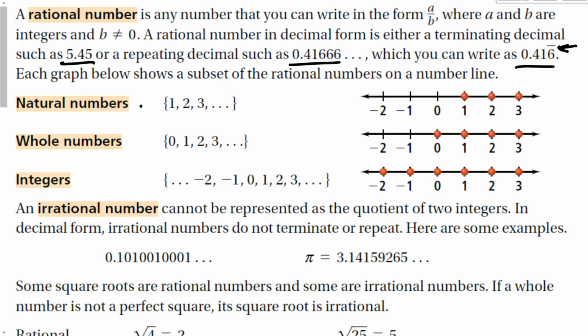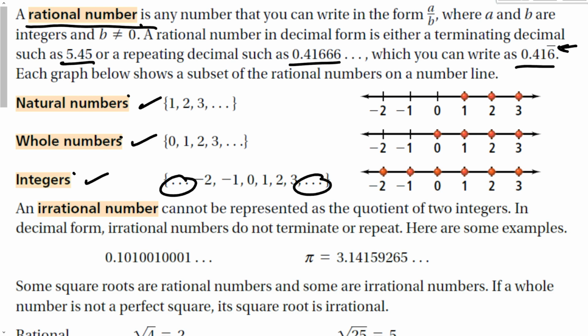Integers include negative numbers as well. So now not only does it go up, it also goes down with negative numbers. So all three of these, natural numbers, whole numbers, and integers, are also rational numbers. So rational number is the biggest set. Natural, whole, and integers are subsets inside of rational numbers.